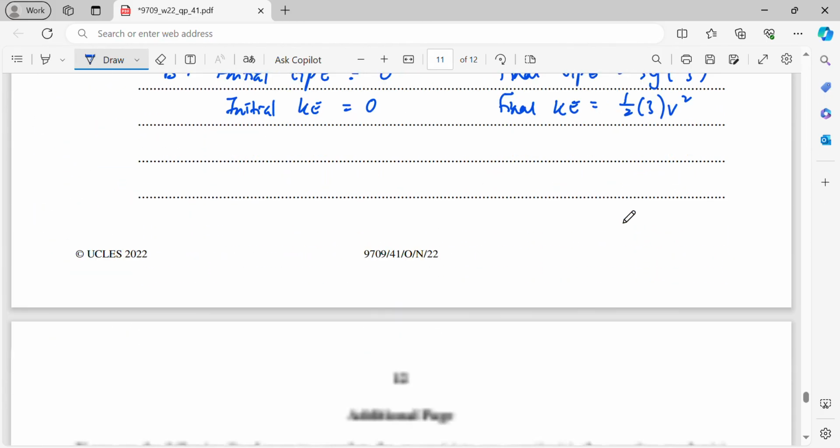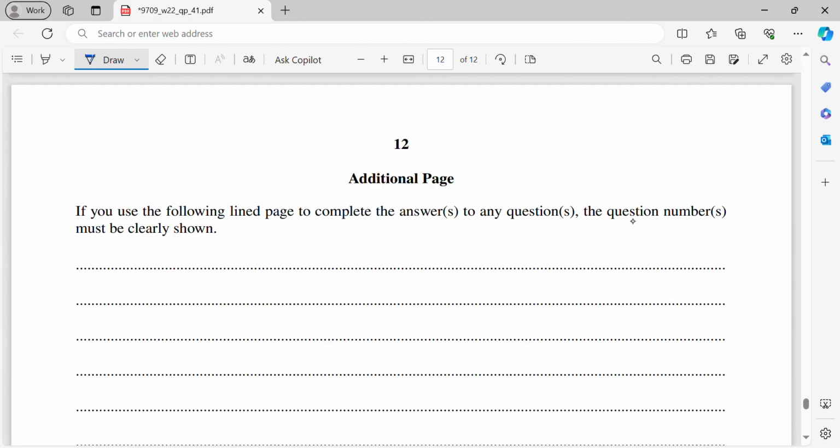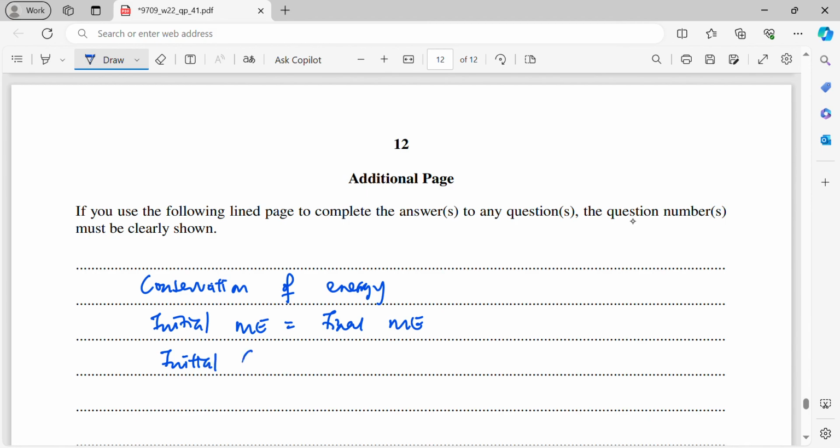So from the conservation of energy, the initial mechanical energy equals the final mechanical energy. That means initial gravitational potential energy plus initial kinetic energy equals final gravitational potential energy plus final kinetic energy.